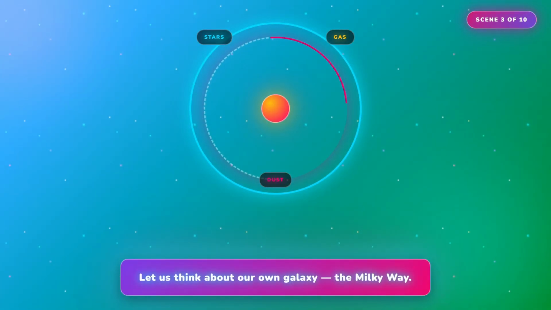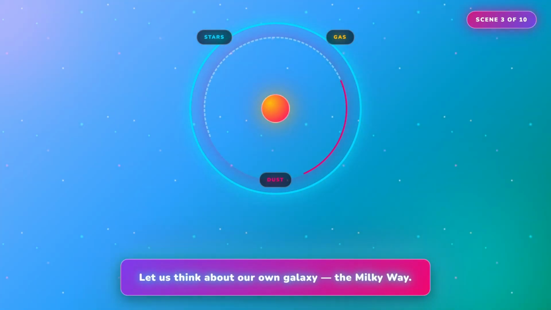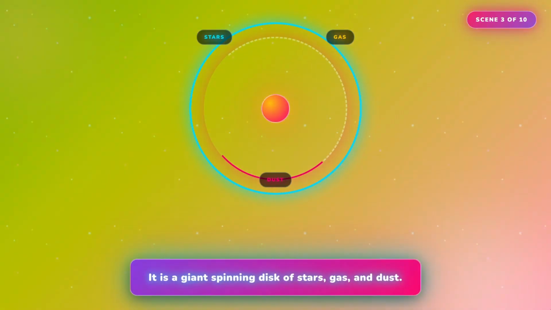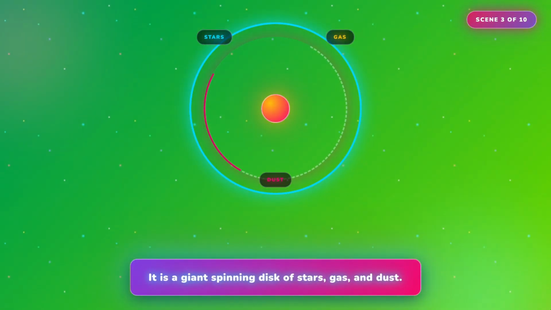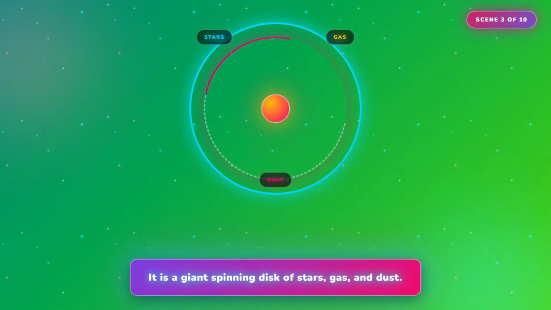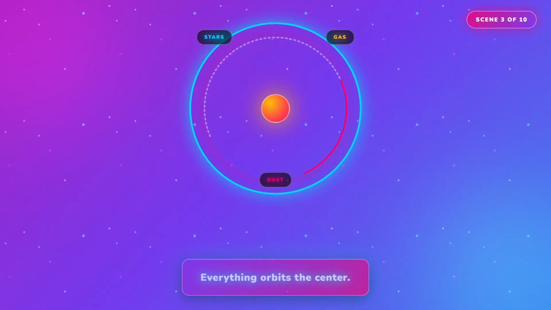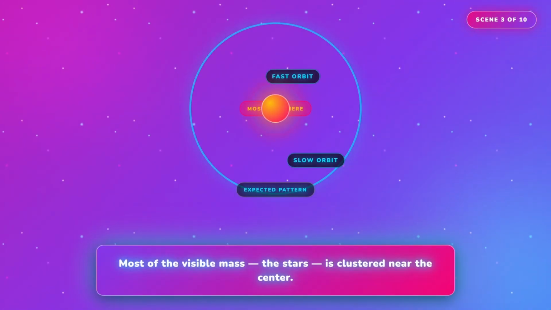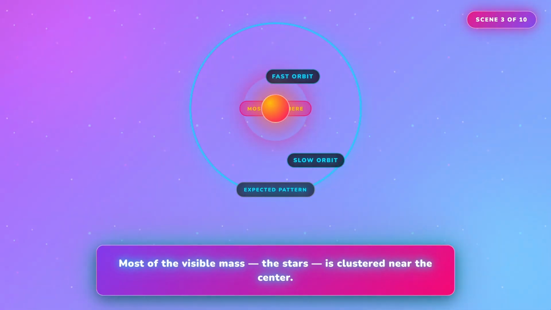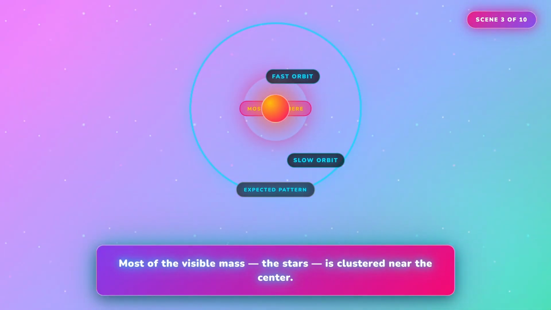Let us think about our own galaxy, the Milky Way. It is a giant spinning disk of stars, gas, and dust. Everything orbits the center. Most of the visible mass, the stars, is clustered near the center.